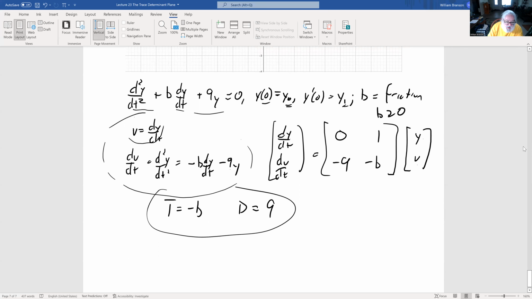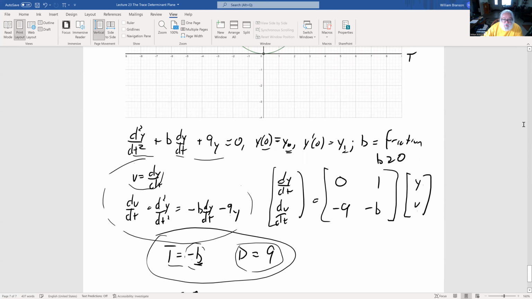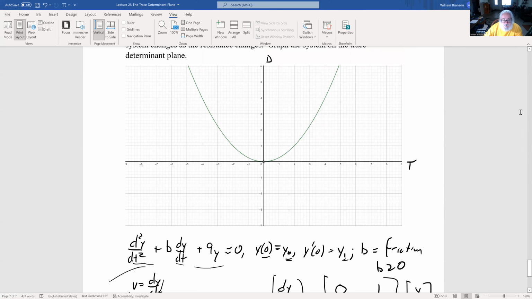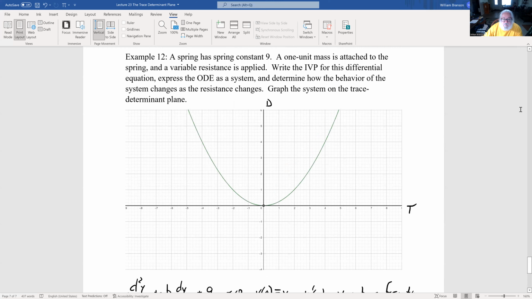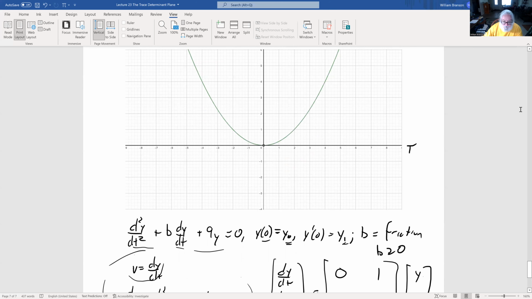So we want to graph this curve. It's got a constant determinant of 9, and the trace just depends on whatever your parameter is. Whatever our friction is, we get minus b for that. So, oh, 9 is way off of that chart. I should have put in a different thing.